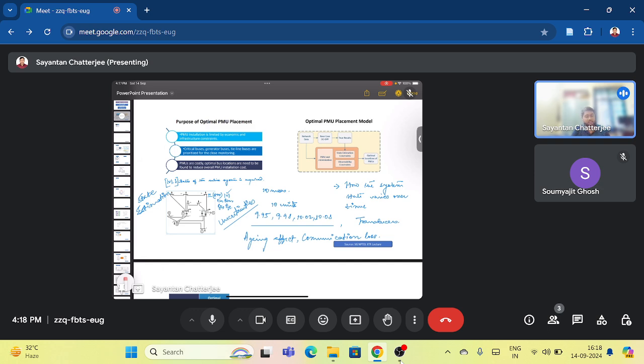By performing this state estimation activity, we would get the base operating states of the system.